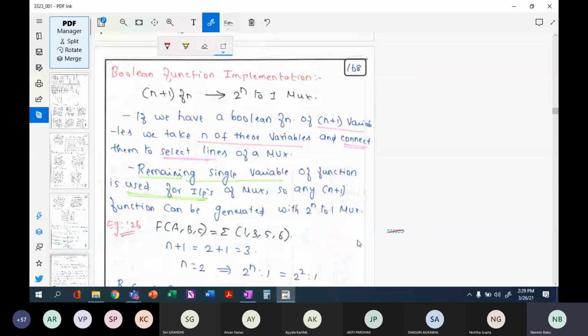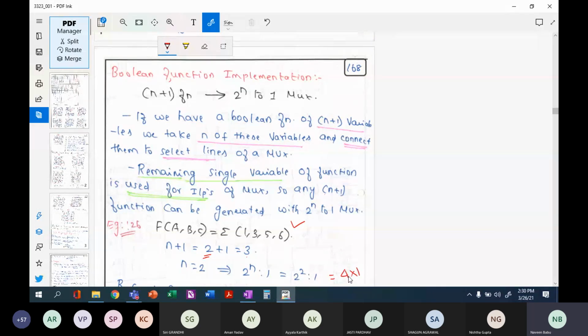What they say here is, if you want to implement this Boolean function, how many variables are there? 3 variables are there. So n plus 1 is equal to 3, which makes n equal to 2. If n is 2, then the number of input combinations will be 2 power n, so you require a 4 cross 1 multiplexer.